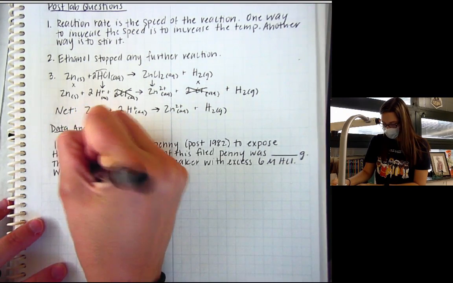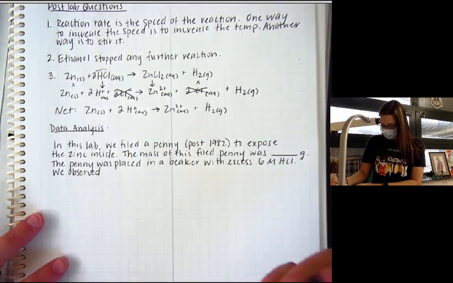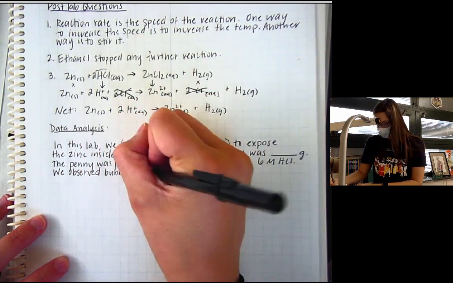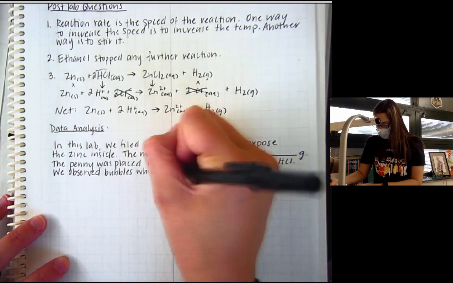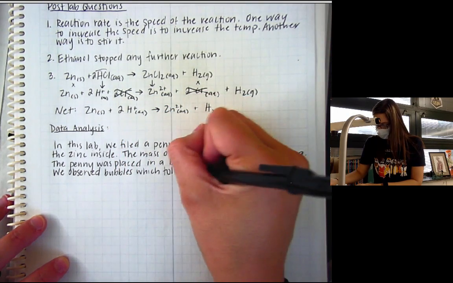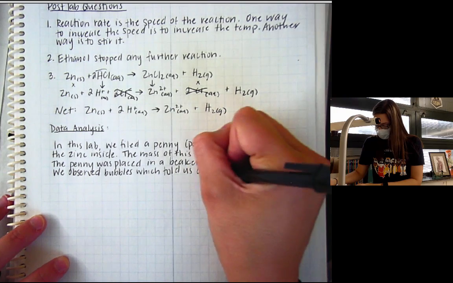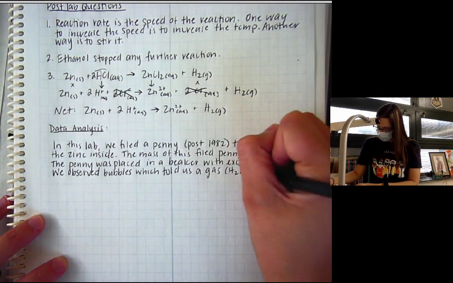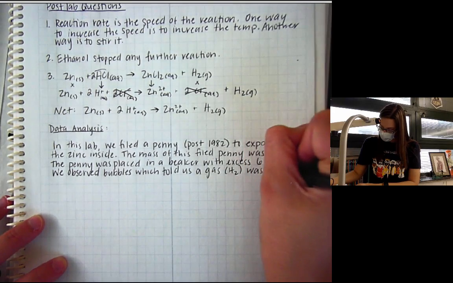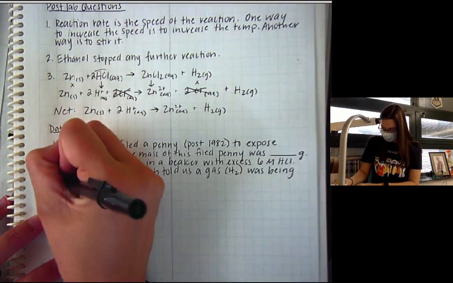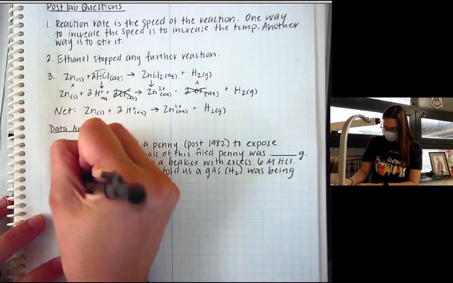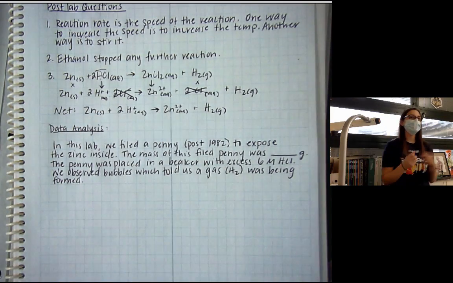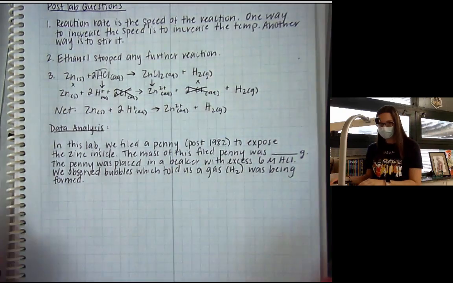But we're going to write down the observations that they saw. So we observed bubbles, which told us a gas, we know now was H2, was being formed. Right, so when you see bubbles, that tells you that a gas is being formed.